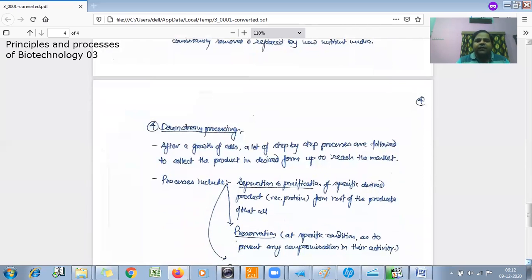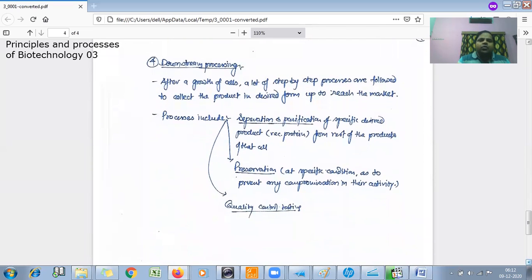After the production of recombinant protein, we go through downstream processes. So after the growth of cells, a lot of step-by-step processes are followed to collect the product in desired form to reach the market. So we will see what the processes are.